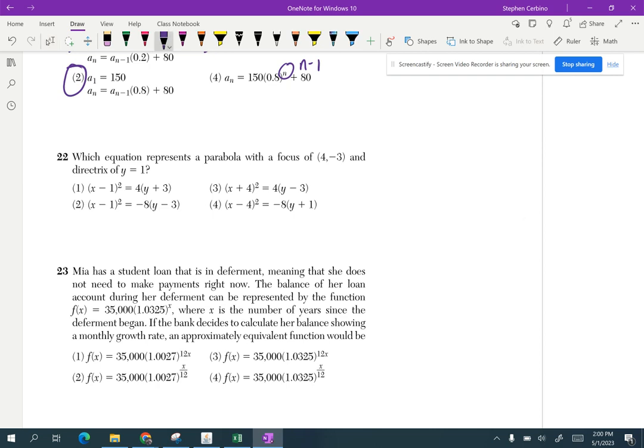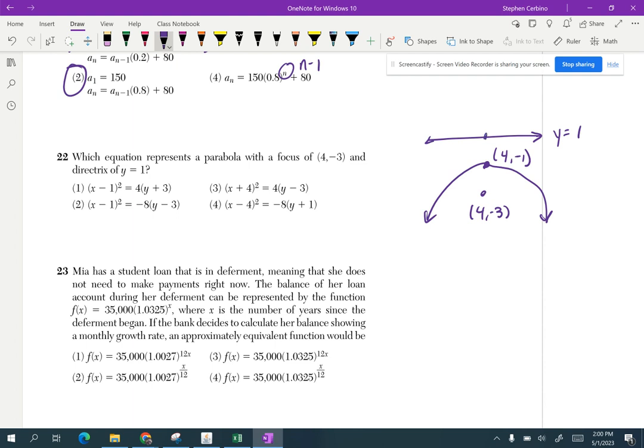So if I just make a quick sketch of this parabola, we have a line at y equals 1, we have a point at 4, -3. The vertex is going to be in between those two, making this parabola open down, because the parabola always wants to try and hug the focus. The coordinate of this vertex is going to be 4, -1. That would be the point in between these two things.